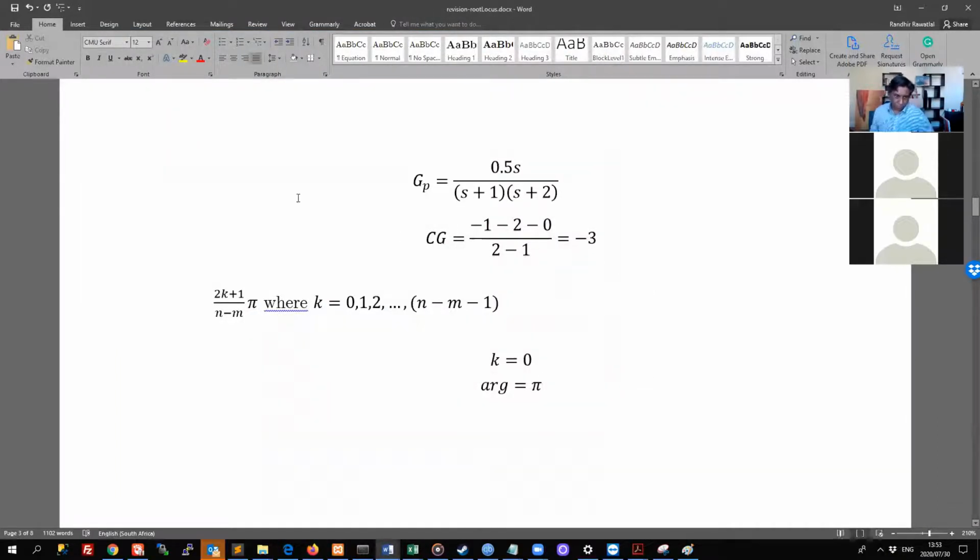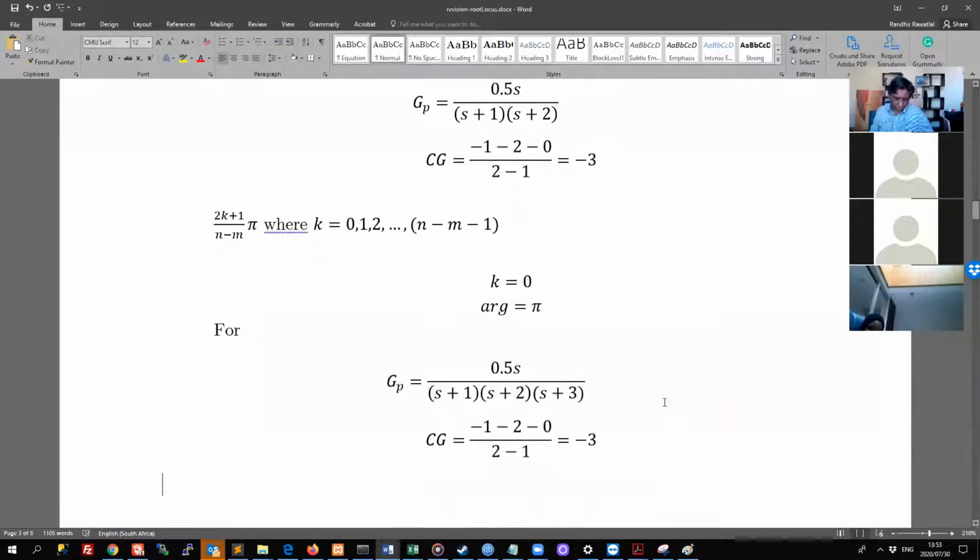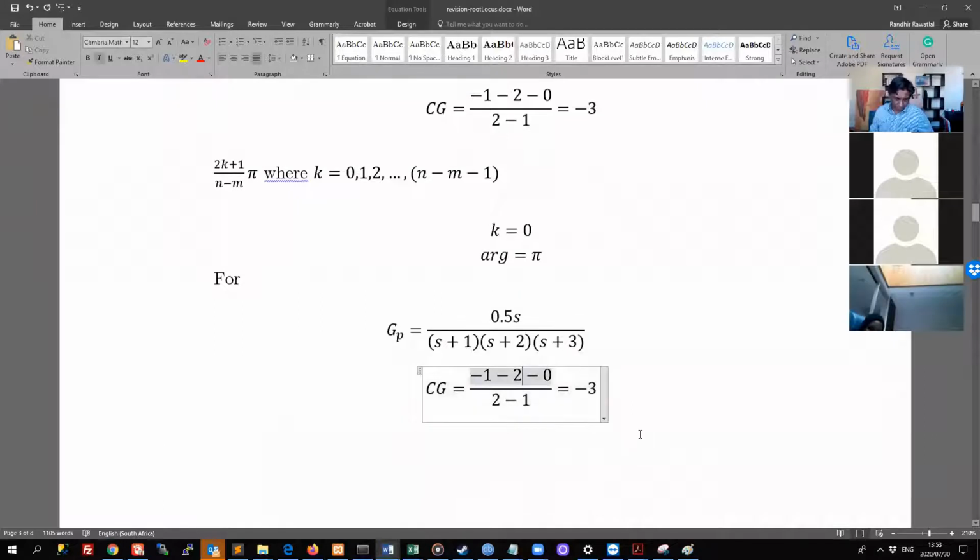So let's just duplicate this a bit. So for this case, where we have s plus 3, then our center of gravity is going to look like -1, -2, -3. And now we have 3 poles.